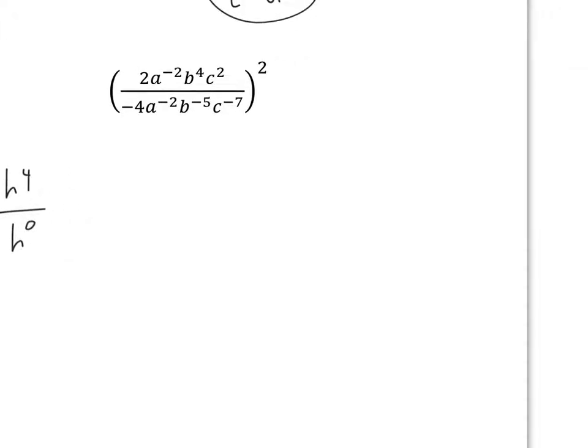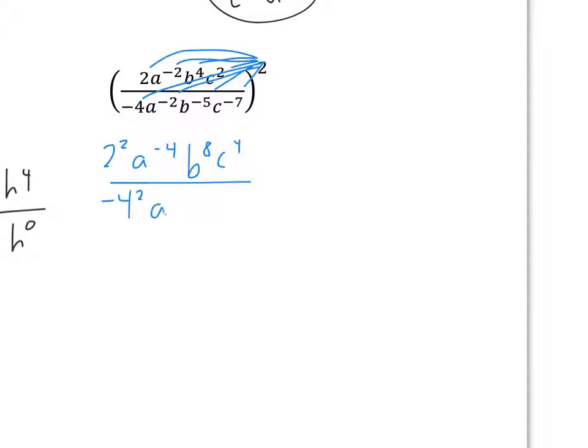Okay, so I'm going to first start by distributing this exponent to everything inside the parentheses. Draw my arrows, right? It helps me remember. And I get 2 squared, a to the negative fourth, b to the eighth, c to the fourth, all over negative 4 squared, a to the negative fourth, b to the negative 10th, and c to the negative 14th. Okay, so I have 2 squared, which is 4, over negative 4 squared.